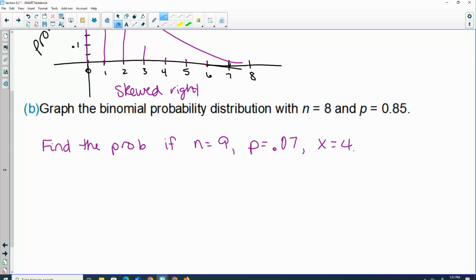Is this one I can use the table from? No. So let's refresh how we use the formula for that when you can't use the table. So it's n choose x, p, 0.07 to the x power, so that would be 4. 1 minus p, so 1 minus 0.07.